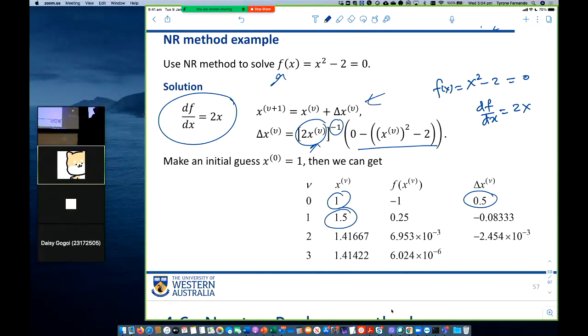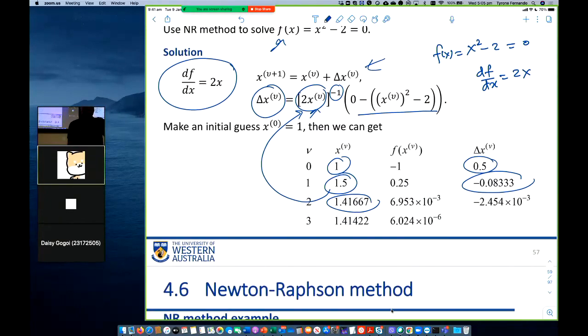I take that 1.5 and compute the new delta x using the formula: minus Jacobian inverse times epsilon, where epsilon is the function value at my current guess and the Jacobian inverse is evaluated at my current guess. Then the new value would be 1.5 plus delta x, so we get 1.4 something. I continue, and 1.41 is the answer, the square root of 2.